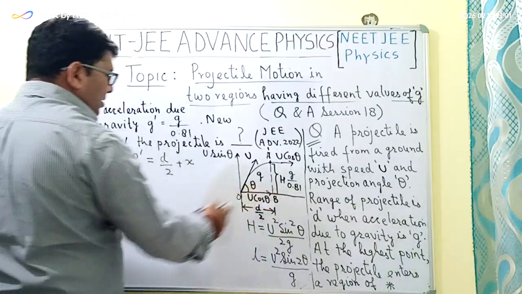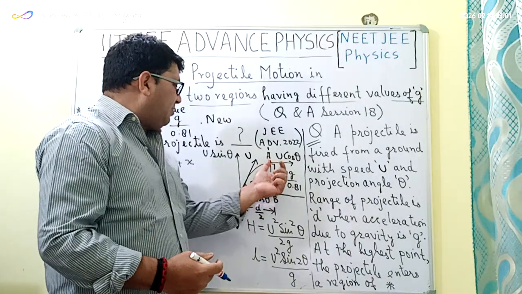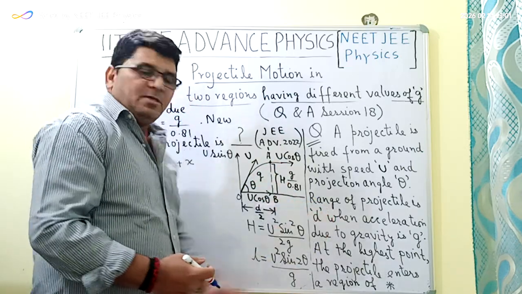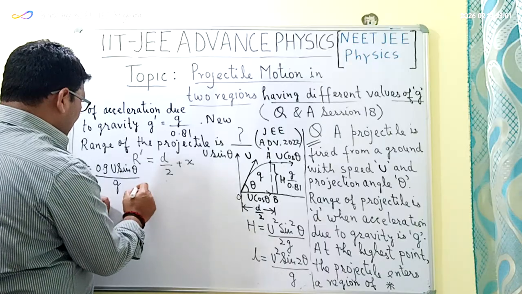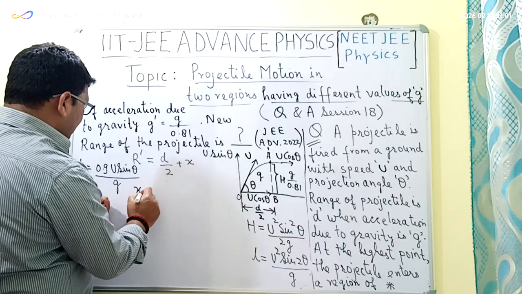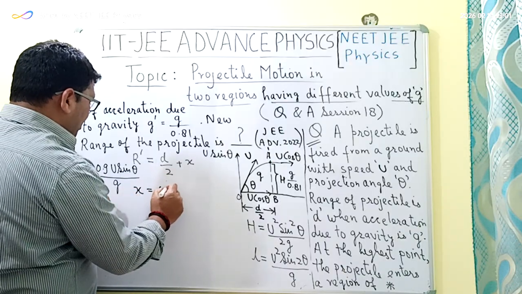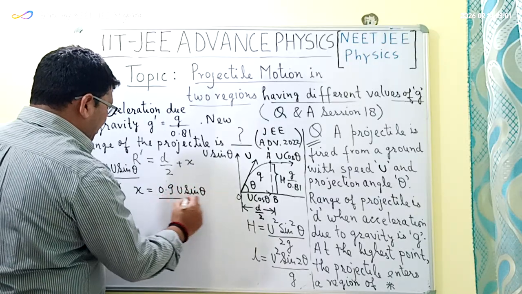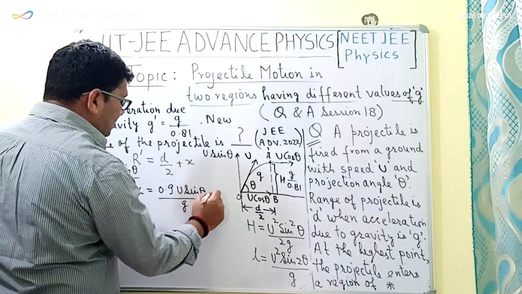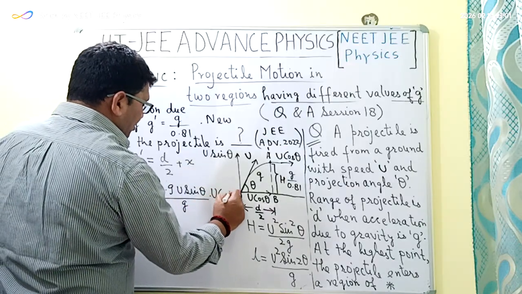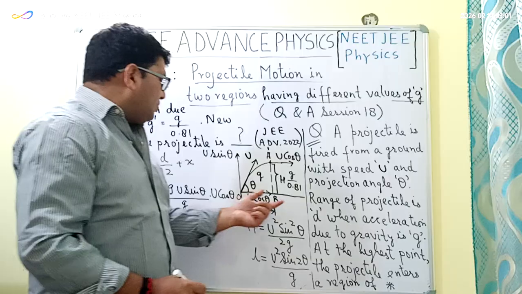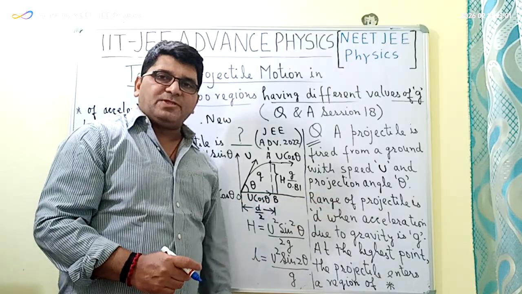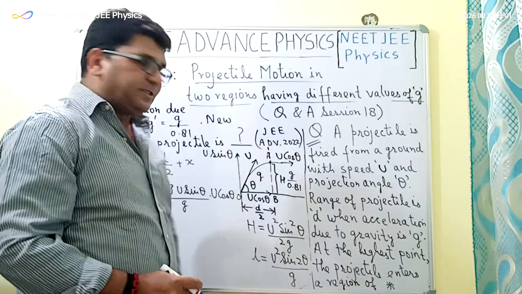The horizontal distance covered by this projectile from the highest point up to the ground, that is x, will be equal to 0.9 u sine theta divided by g into u cos theta, where u cos theta is the horizontal component of the speed of the projectile, and this speed will always remain constant throughout the projectile motion.